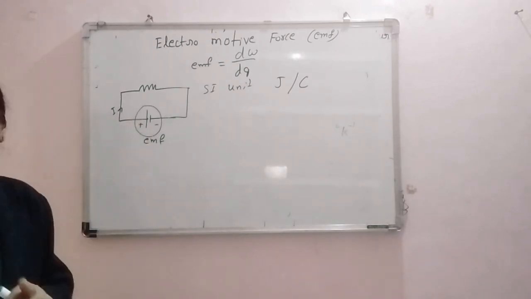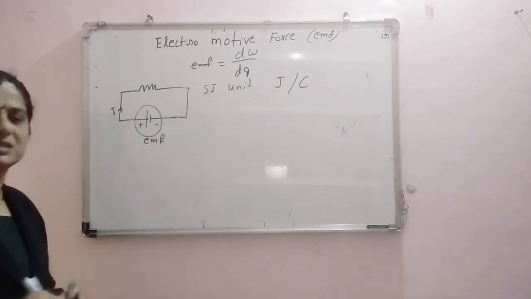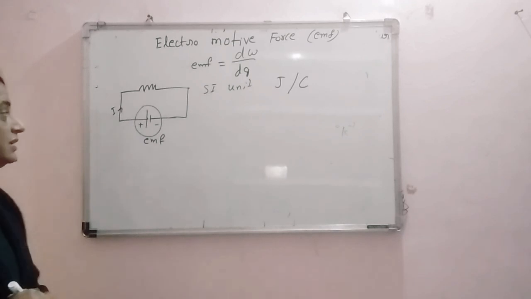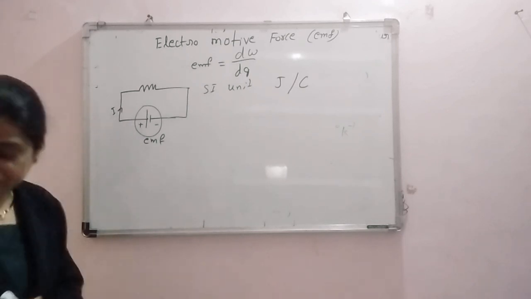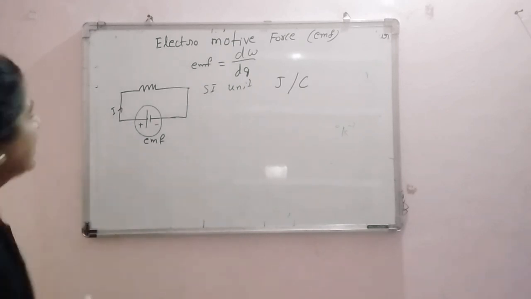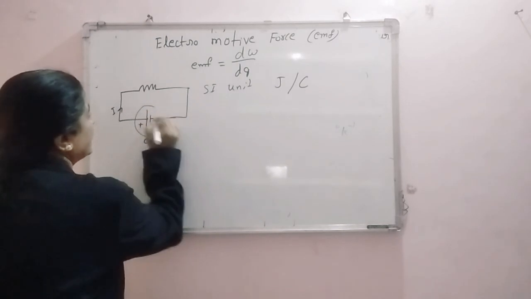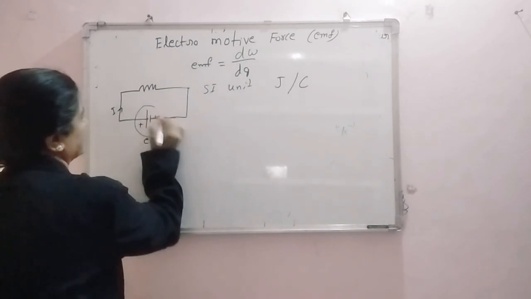Each and every cell has its own resistance. That resistance is the internal resistance.